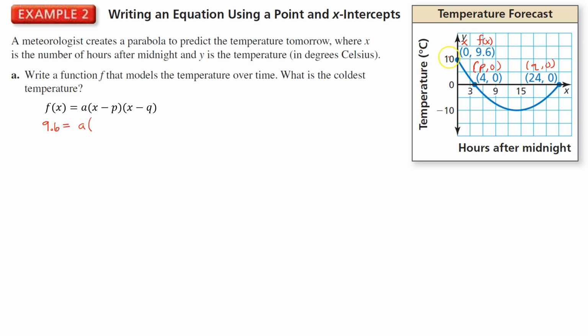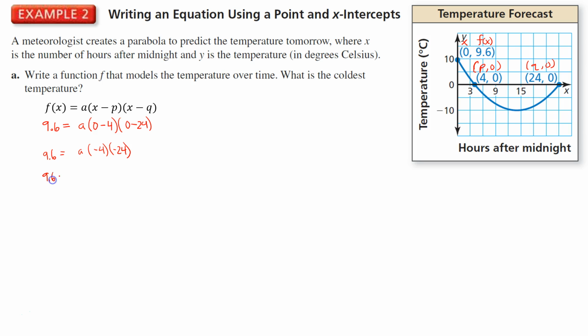Our x was 0. So 0 minus p is negative 4, and then 0 minus q is negative 24. So we get 9.6 equals a times negative 4 times negative 24.